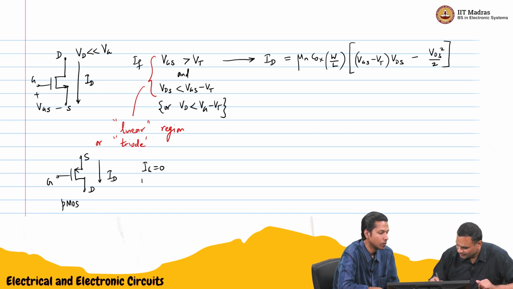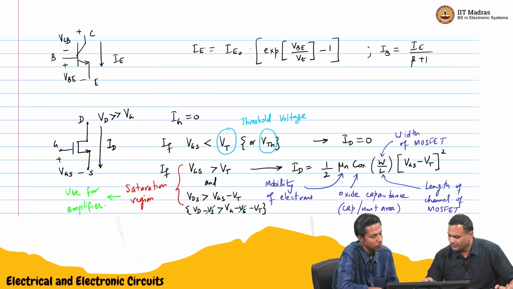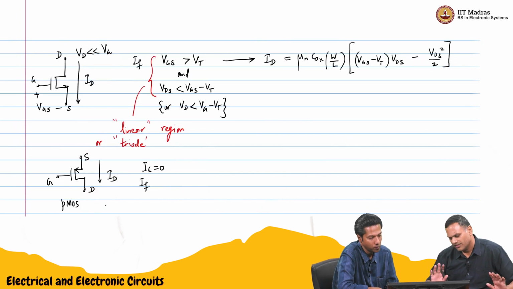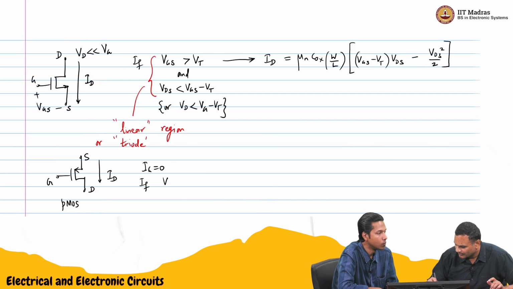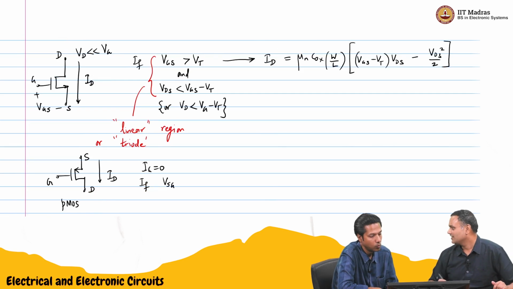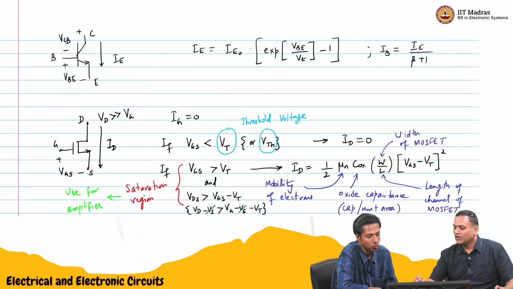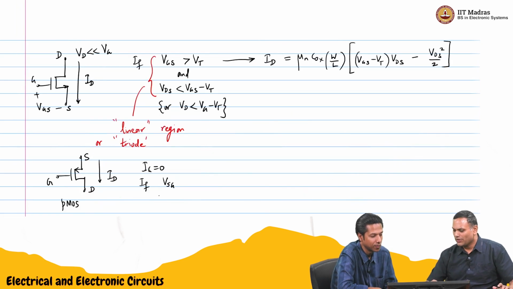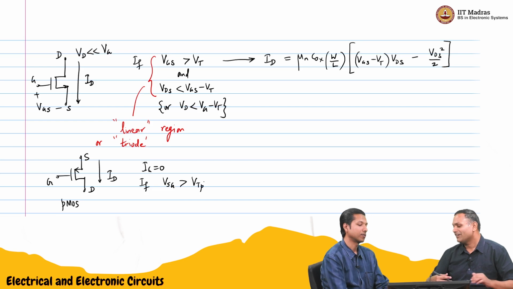If VGS is greater than VT, we will say the same thing, except it is the source to gate voltage. Just like you had VBE for the NPN transistor, and for the PNP you said emitter base voltage. Same way, the source to gate voltage should be larger than some threshold voltage. And now we have to be careful, we'll call it VTP. If you're using a pMOS, it will have a different threshold voltage.